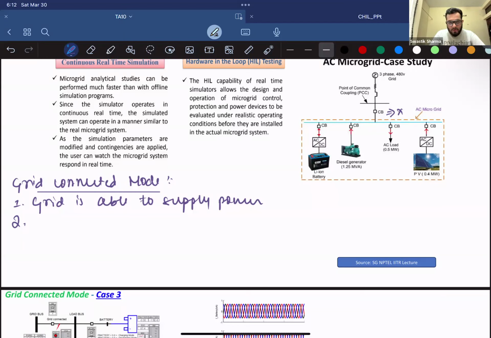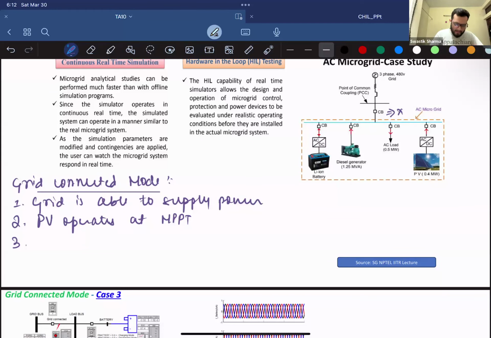Will PV operate at off MPPT or MPPT in grid connected mode? Yes, it will operate at MPPT. Whatever amount of irradiation is there, it will try to generate the maximum available power and feed it back to the grid.